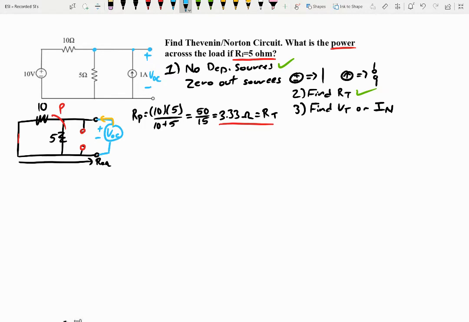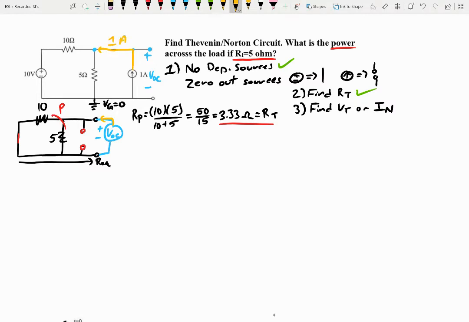So now what I'll do is, looking at this, if I go and drop a ground right there, where V of G is equal to 0 volts, I can treat this as a nodal analysis problem, all right? And what we'll do is, we know that our current will come in from this side.